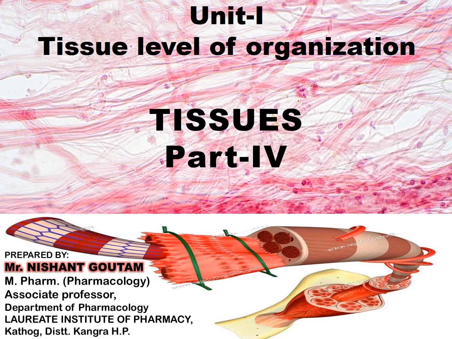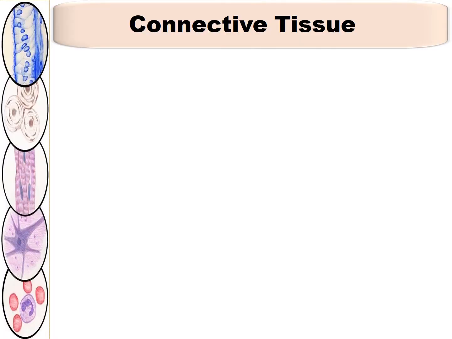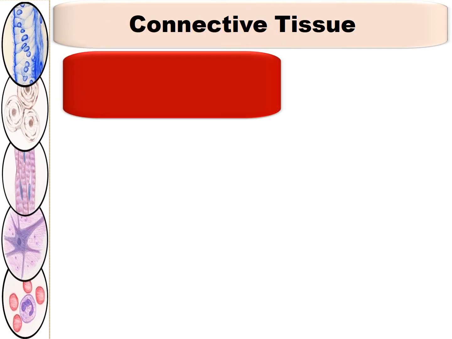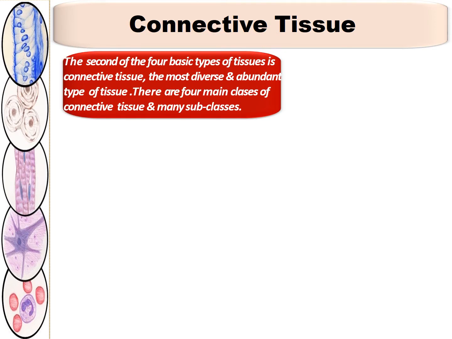Another kind of tissue is the connective tissue. Actually, connective tissues are the second of the four basic types of tissues. Connective tissue is the most diverse and abundant type of tissue.